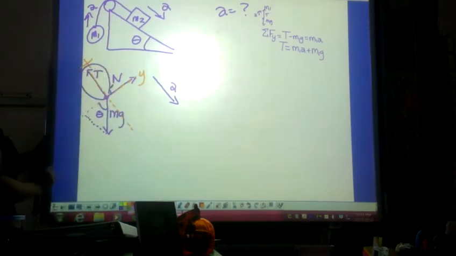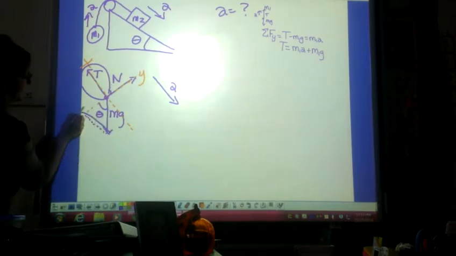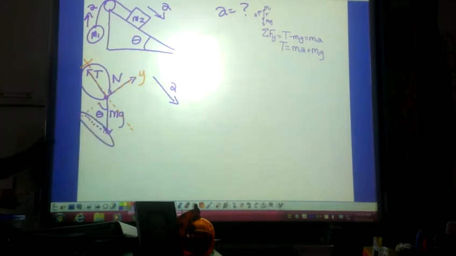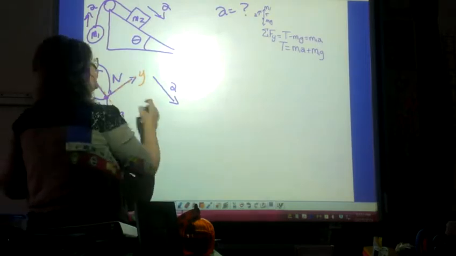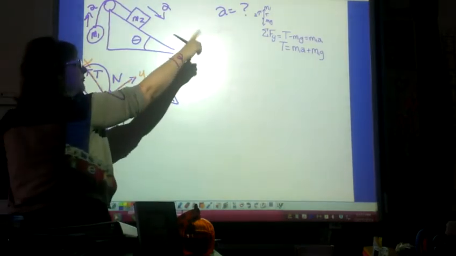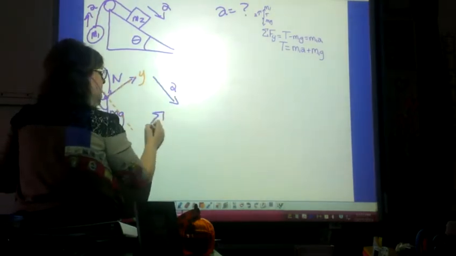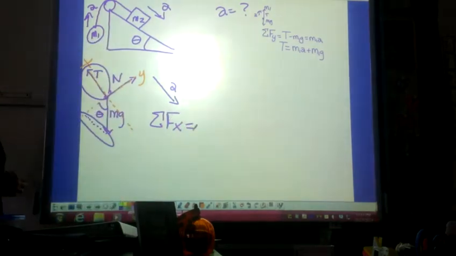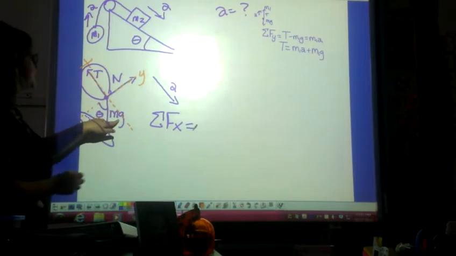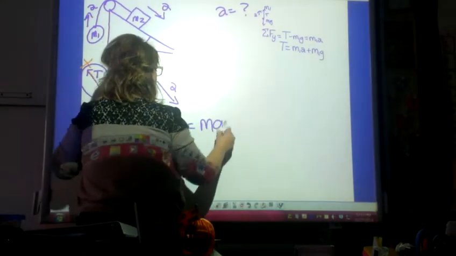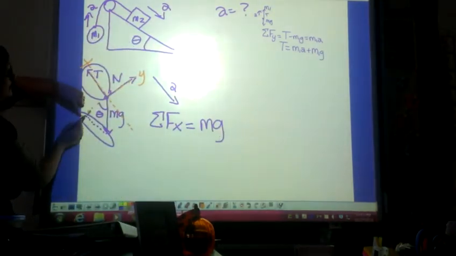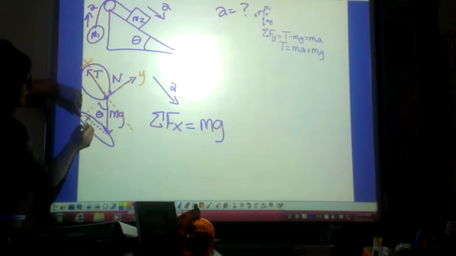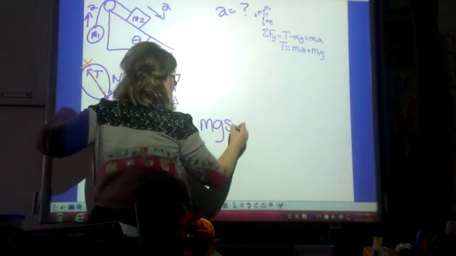I have tension, and then I also have this x component to the weight force. So instead of sum of the forces in the y like we did for M1, I'm going to do the sum of the forces in the x. And that's going to be equal to mg, but it's a component, and the x component is the sine of that, so mg sine theta.